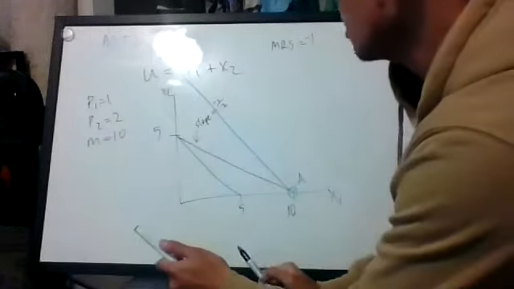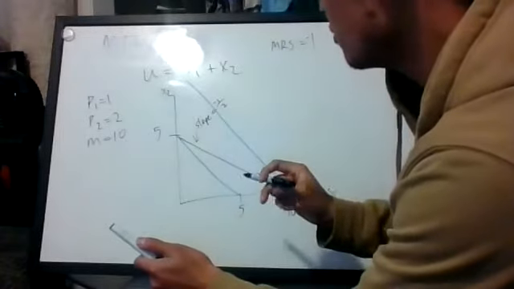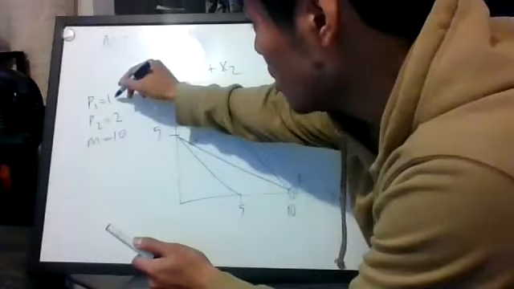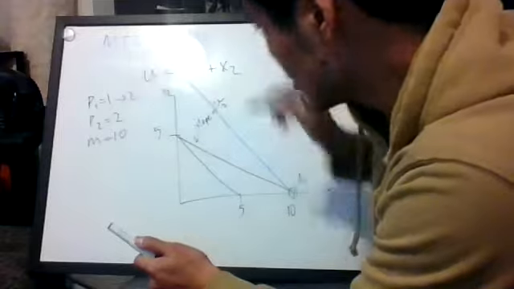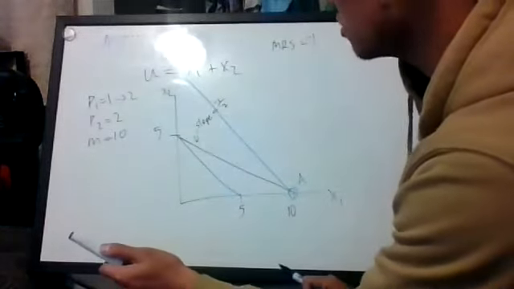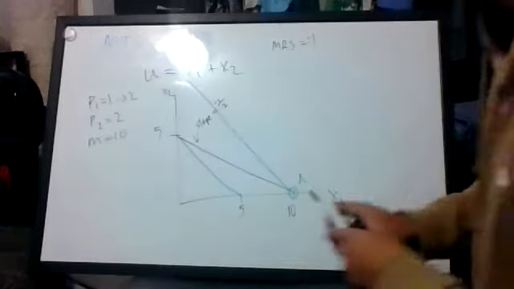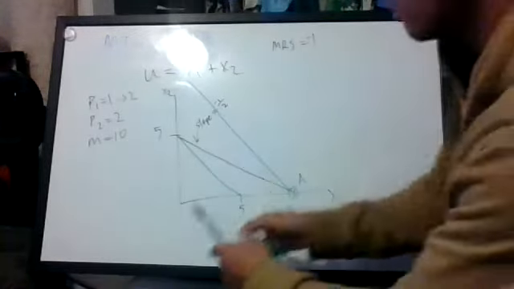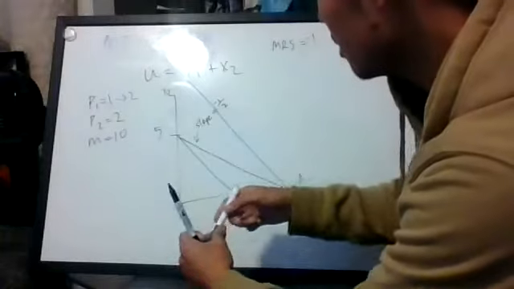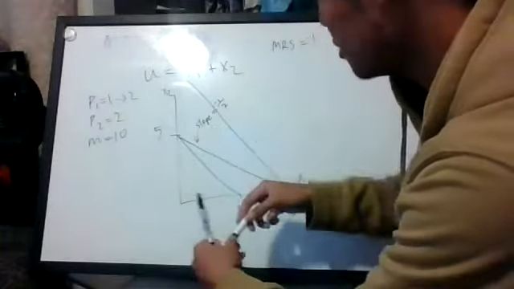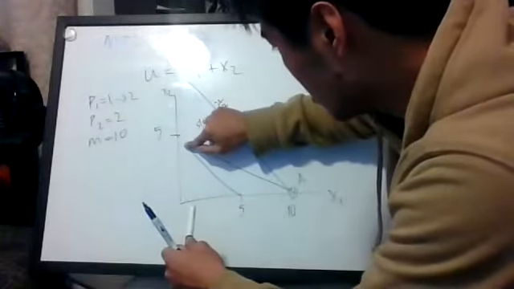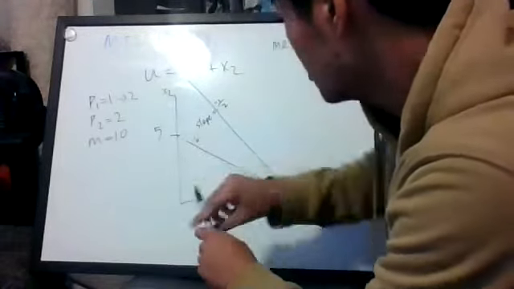And let's say that the price of good 1 changes from 1 to 2. We want to see what the substitution and income effect are. So we now have a new budget constraint that is actually going to be this slope right here. So maybe I'll just erase that.